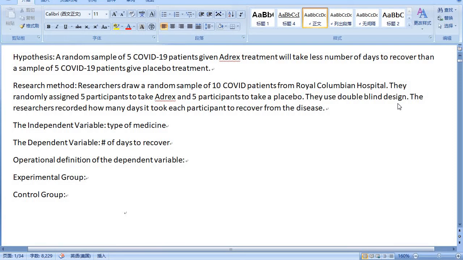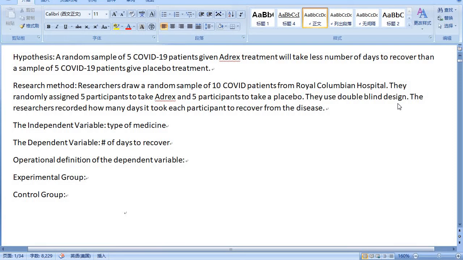And then the researcher who is collecting the data, who is measuring temperatures, who is asking each patient about how well or how ill he or she is, also doesn't know what kind of medication each patient is taking. The researcher actually collecting the data is also kept in the dark. You don't want the researcher to be influenced by the knowledge of what kind of medication each person is taking.